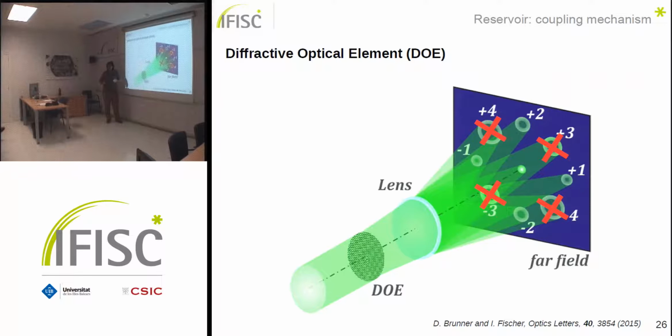And the fundamental idea is that here we will have the same node, but above here, for example, we will have the node above in our network. So in fact, the node that is here would send some light to the neighboring node, and therefore we would achieve coupling.